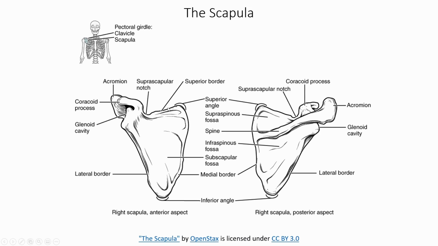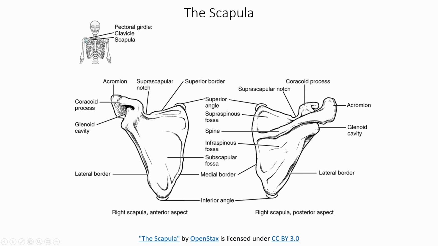We have this notch, and the superior border, the superior angle, the supraspinous fossa, so the top one, so supra, right, that should give you some information. We have the spine of the scapula, so that's why that's supraspinous fossa, because it's above the spine of the scapula.